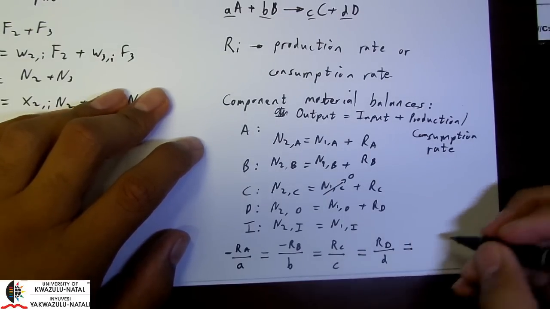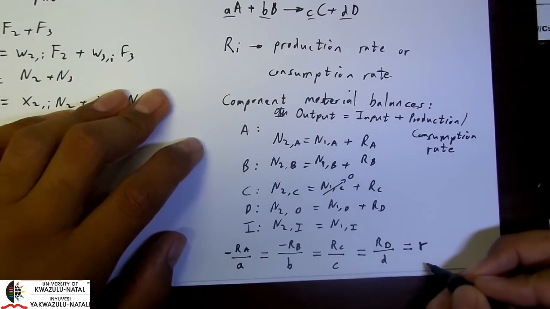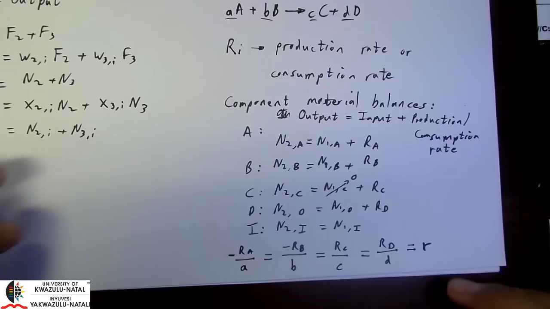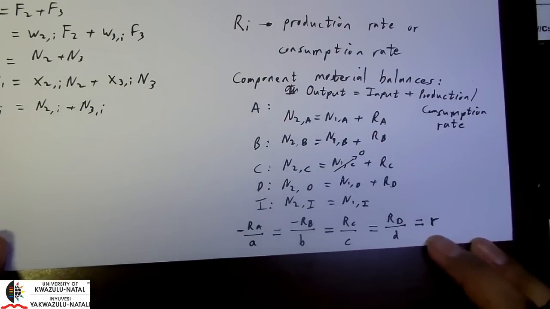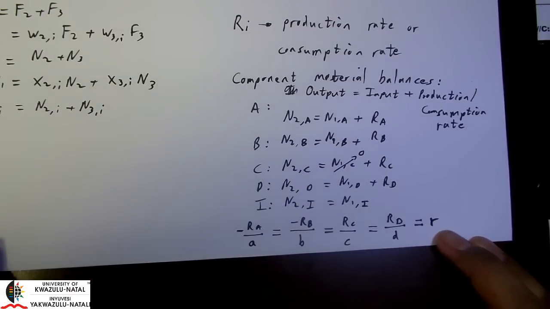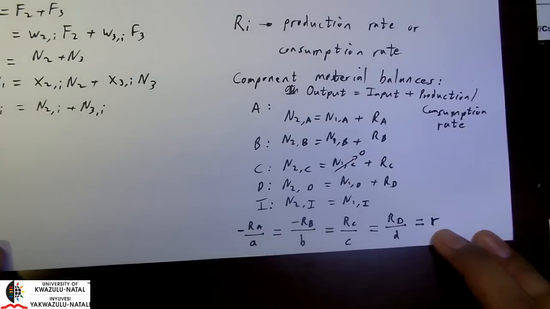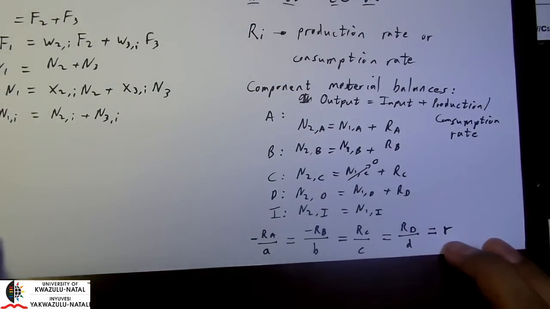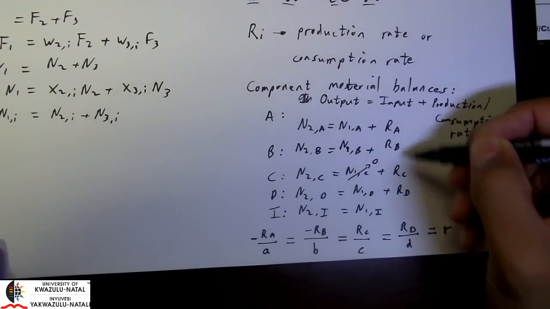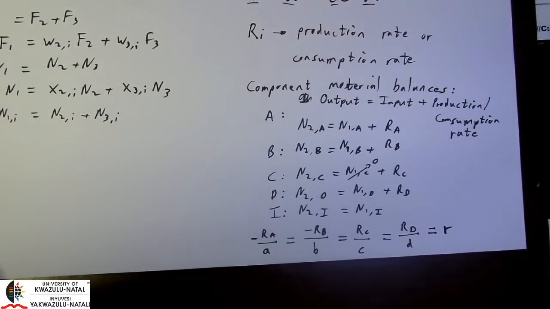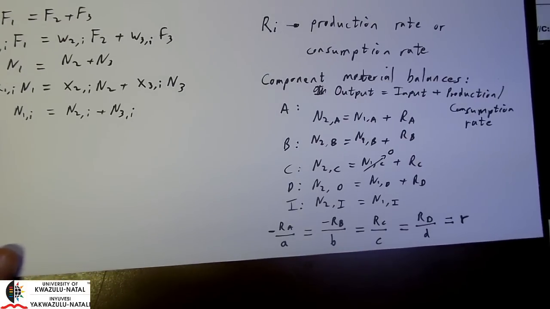And we can let all of this be equal to small r, which we define as our overall reaction rate. This reaction rate will be expressed in terms of moles per hour or moles per second, kilomoles per hour, depending on the situation that we are confronted with. Each of these consumption or production rates are also in terms of kilomoles per hour or kilomoles per second, depending.